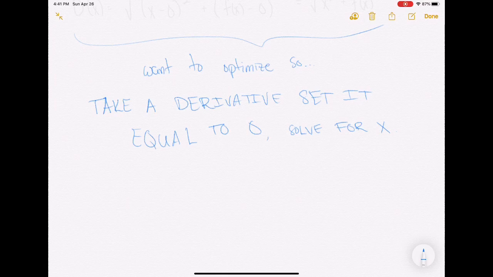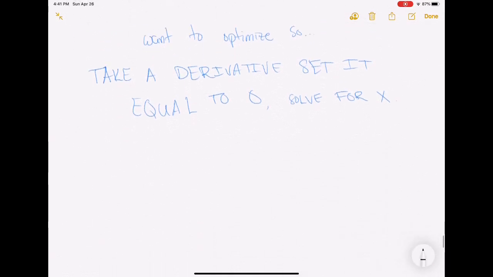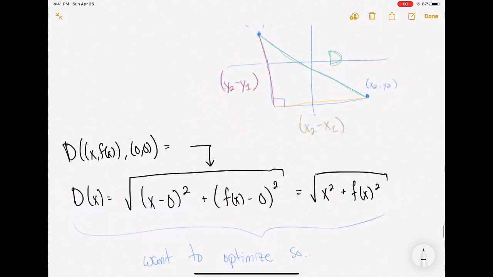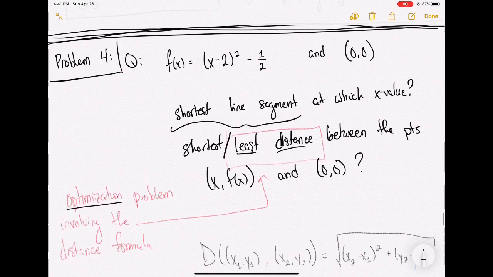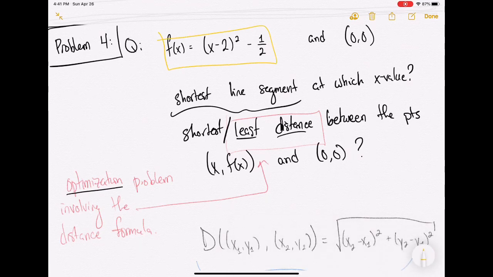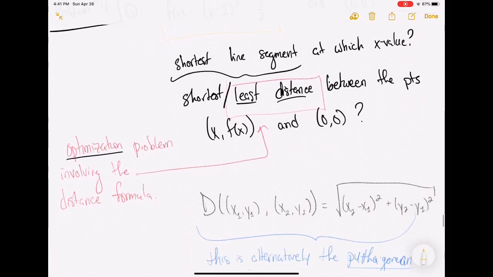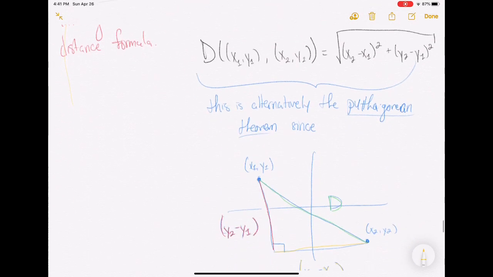There you go. All right, let's do it then. I'm going to rewrite it like d of x is x squared plus f of x squared, f of x I defined all the way at the top here.